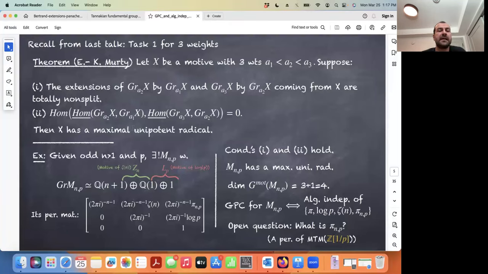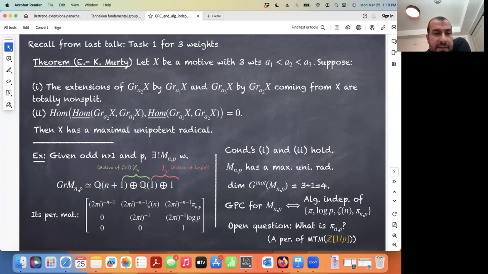Now, we had this example from last time: for any odd integer n greater than 1 and any prime p, there's a unique motive, and I'll remind you why it exists and is unique in a couple of slides, whose associated graded is this, such that of the two consecutive extensions, one is the motive of the logarithm of p, and the other is a twist of the motive of zeta of n.